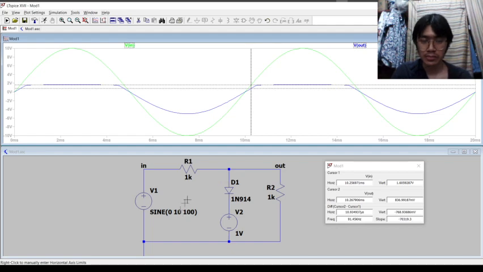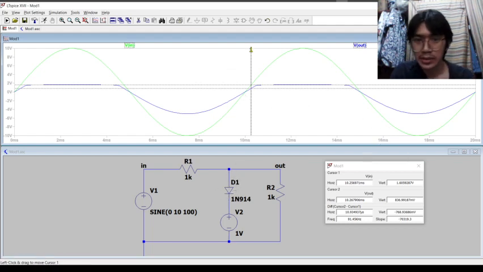As you can see, the voltage in is multiplied by the equivalent resistance of R1 and R2, meaning R1 times R2 all over R1 plus R2. Using that, we can say that the output is just half of the input if the voltage does not flow in the diode.